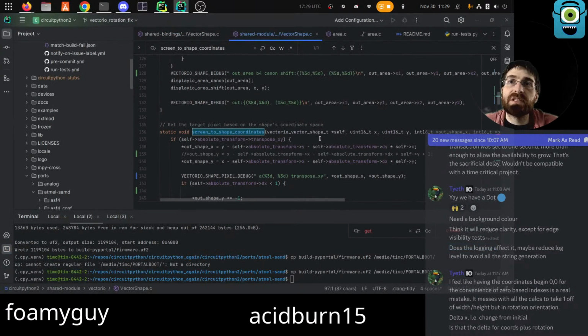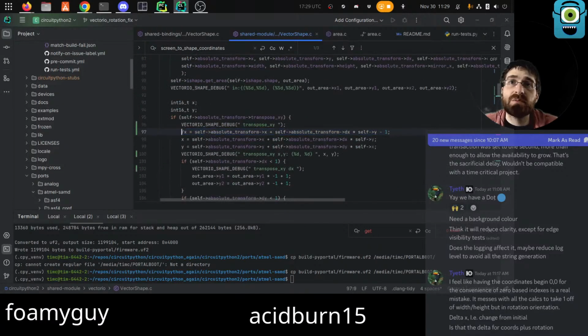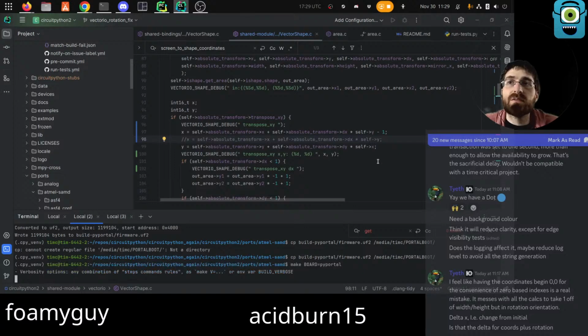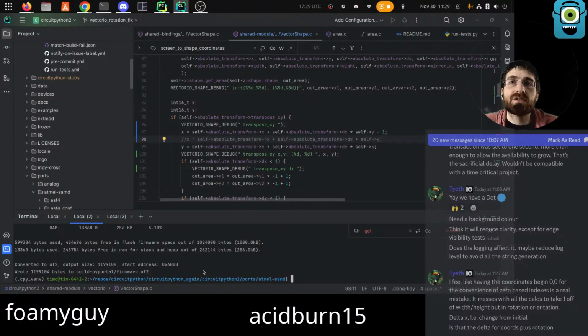But maybe it's because we are outside display. So let me put this one back, I guess. But I am still very sketched out by one of these having a -1 and not the other one. I think that's super unlikely to be correct, kind of.